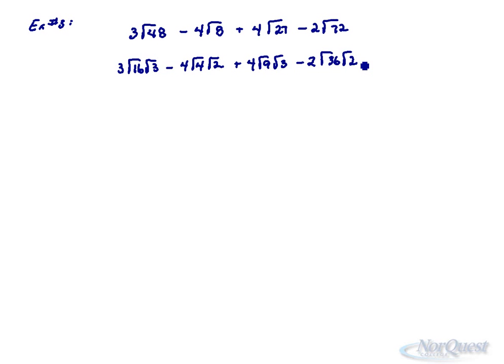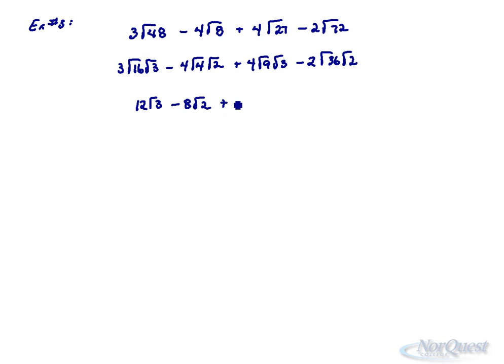Square root of 16 is 4. Times 3 will give me 12 root 3. Square root of 4 is 2. Times 4 gives me 8 root 2. Square root of 9 is 3.